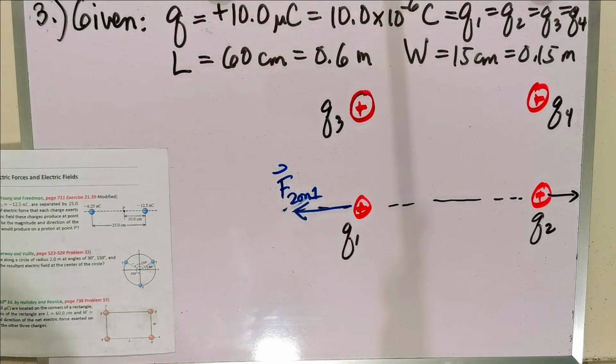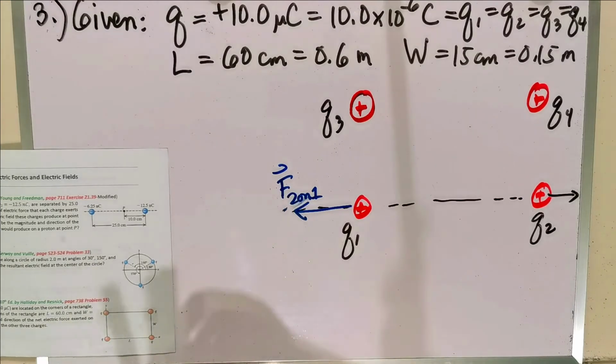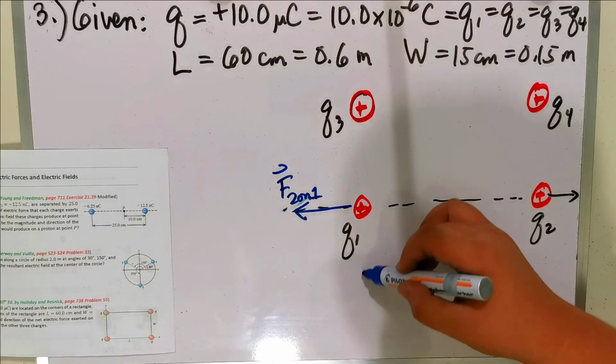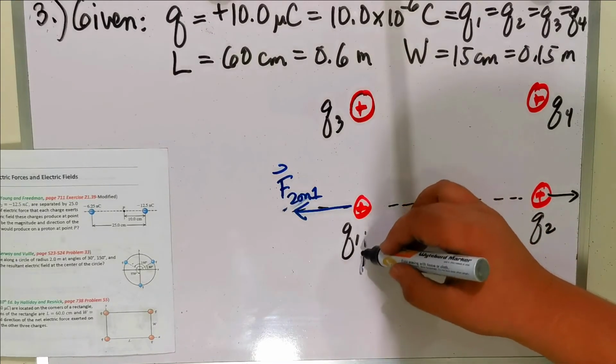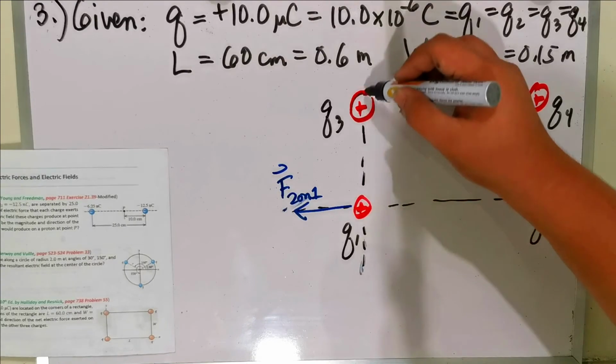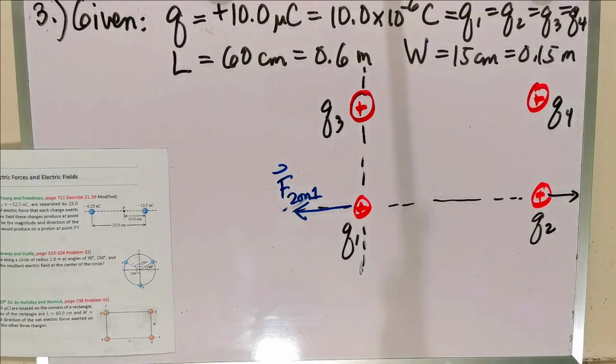And then if we look at Q3, Q3 and Q1 also lie on the same axis, the vertical axis. In the same way, since they are both positive, they will feel a repulsive force.